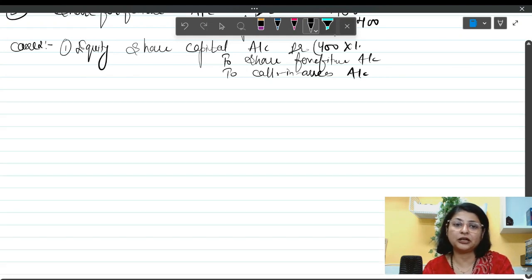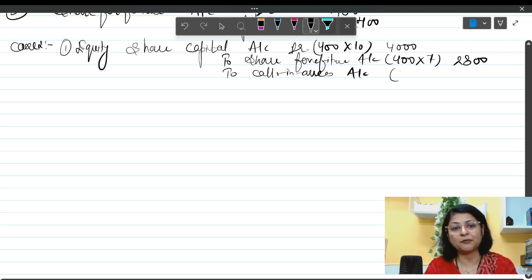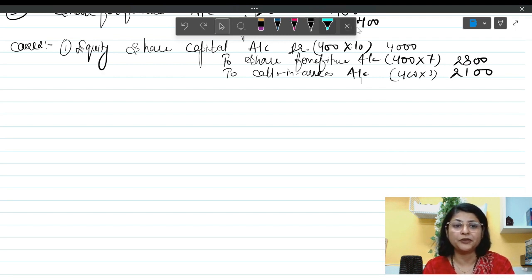So 400 multiplied by 10, the called up value of the shares, I write in front of equity share capital. So this is 4,000, whereas here I write the amount paid. Amount paid is 7 rupees per share, so 2800 is paid, and amount not paid is 400 multiplied by 3.